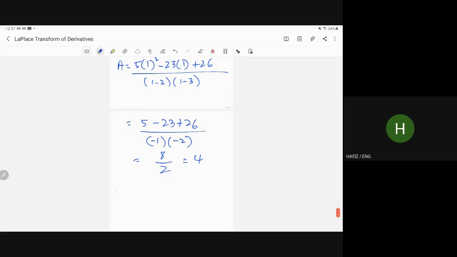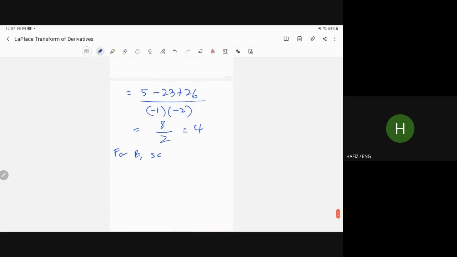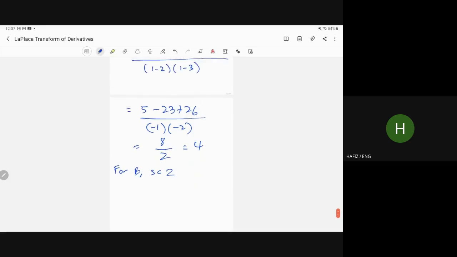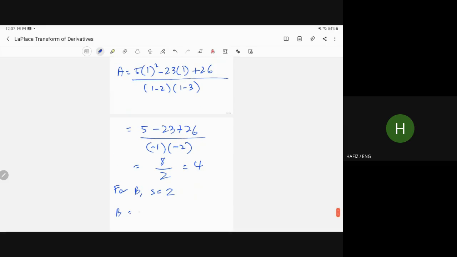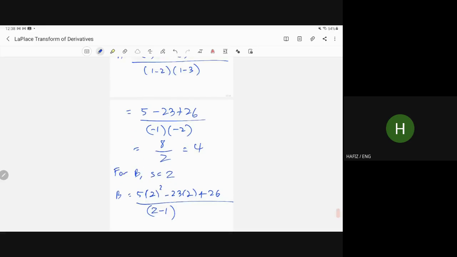Now for B, B is s minus 2, so s equals to 2. 5 times 2 squared minus 23 times 2 plus 26 over 2 minus 1 and 2 minus 3.